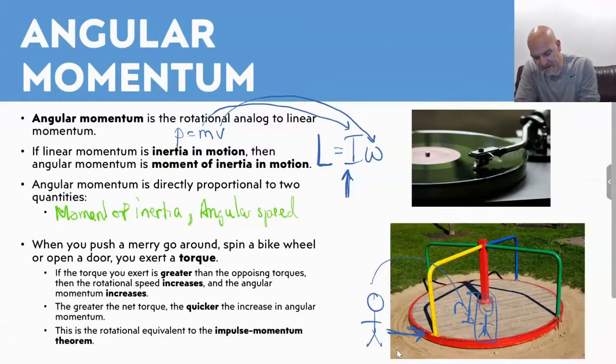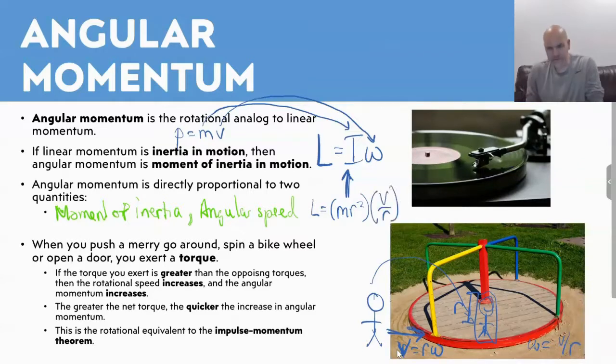So what we can say is they would have an I of mr squared. Okay, now linearly, right, because this would be a linear motion, well, that's v equals r omega, but I need to solve this for omega, so it'd be v divided by r, okay?